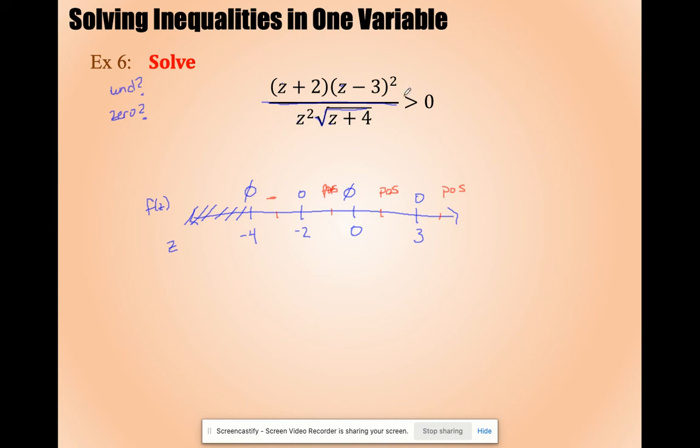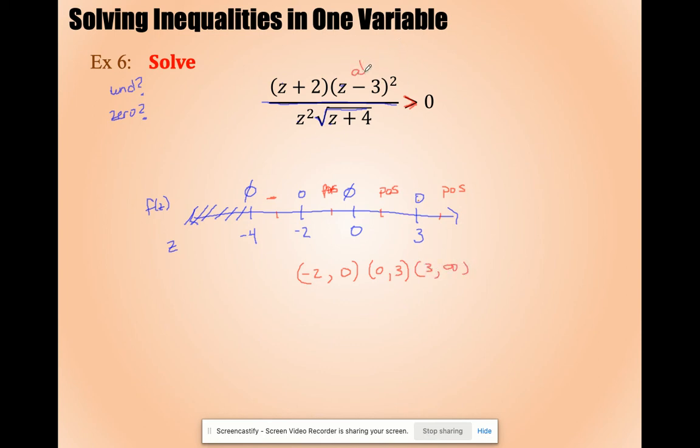So what do I want to know? Greater than 0. So where am I greater than 0? From -2 to 0, because I'm undefined at 0. From 0 to 3, can't include 3 because I'm 0 at 3. And from 3 to infinity.